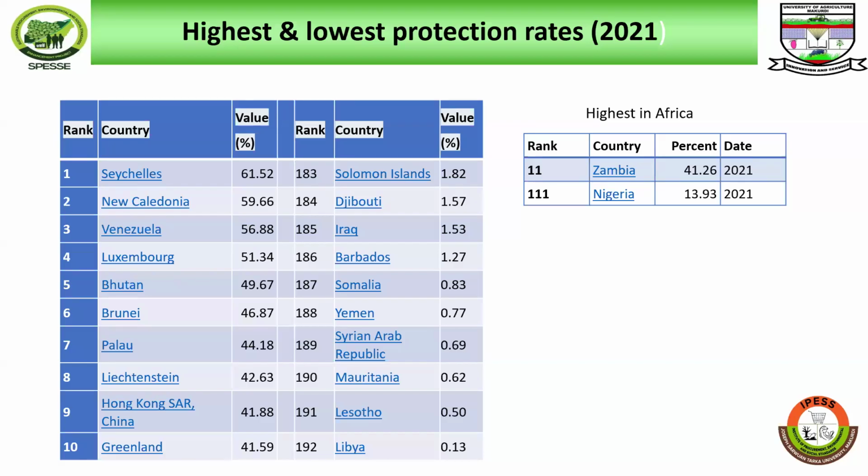That's to let you know how much tourism. It's a beautiful island, but that's what tourism has done for them, and you wouldn't be surprised that while the world is interested in visiting a country like Seychelles, we have several other countries there. We have Zambia as number 11 in Africa, and then Nigeria is 111.